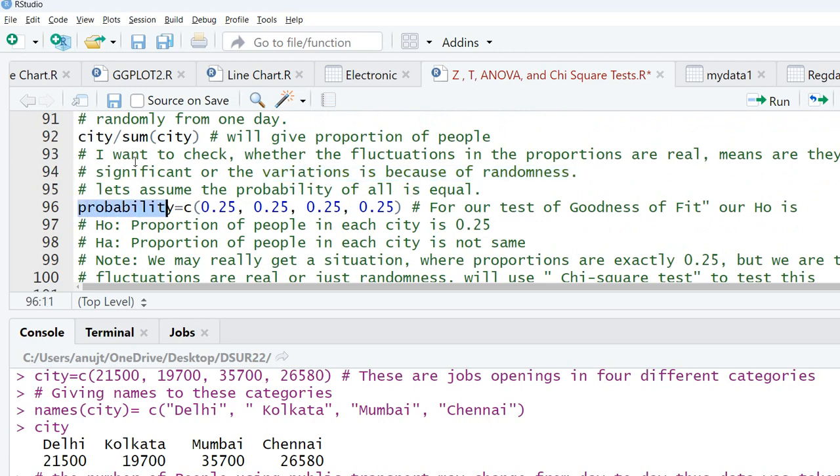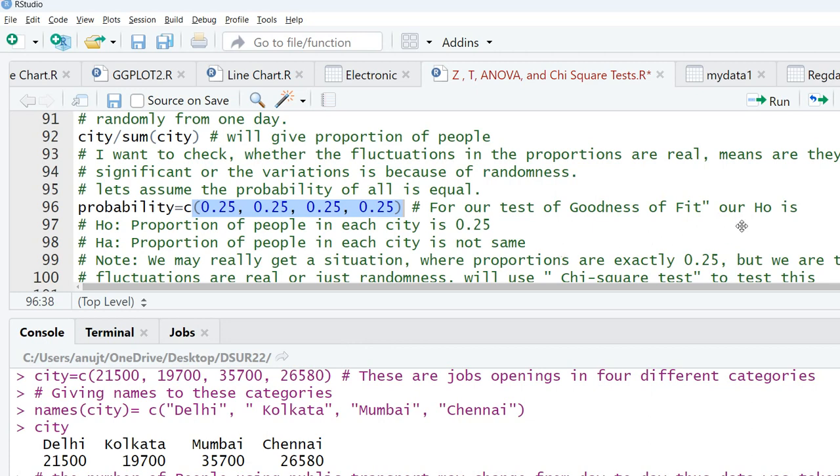So I'm giving it in the probability variable: the probability of all is 25%, 25, 25, 25%. Okay. So I'm assuming that the probability for all is equal. So now, according to this data, are these values statistically significant or is the variation due to some randomness?